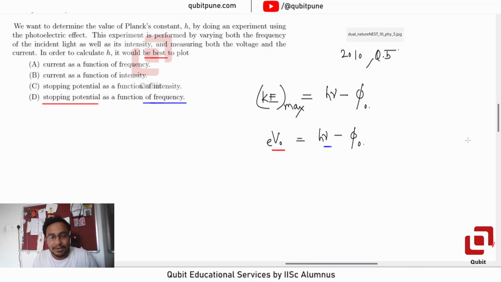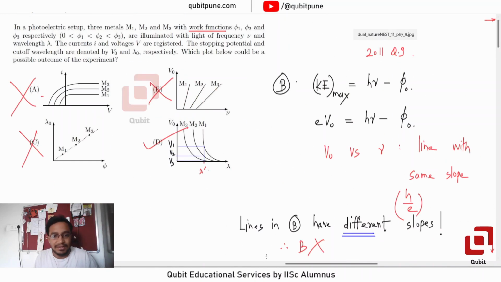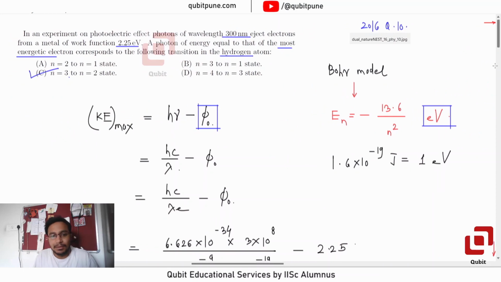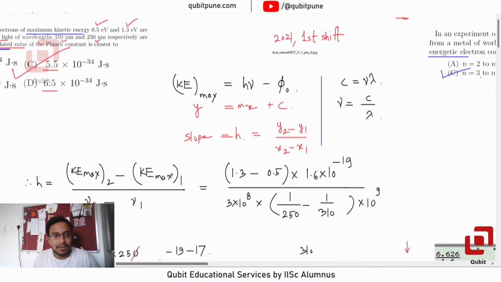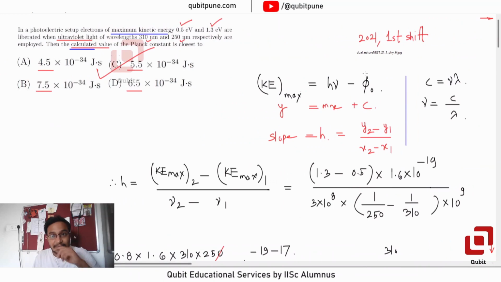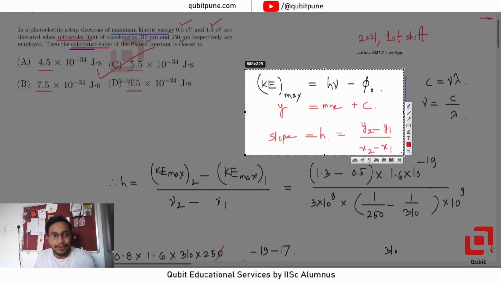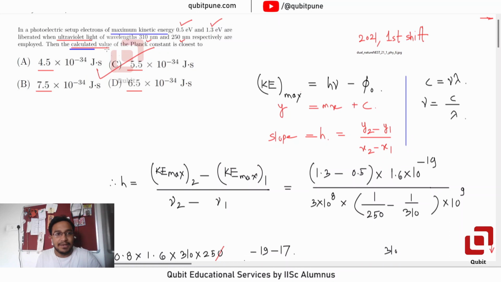In fact, we have solved a sum of this kind. Where was that? Yes, in 2021 first shift there was a sum where we found that out, if you remember this part, right? The options were requiring us to find the calculated value of the Planck's constant.